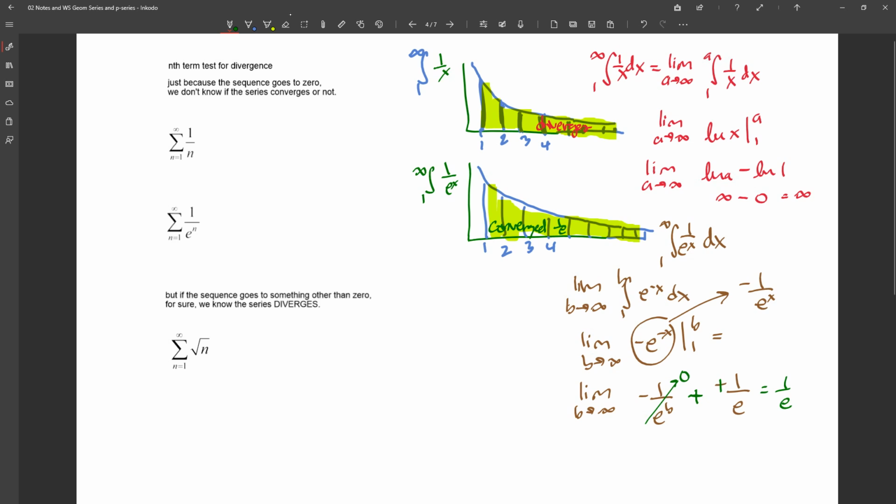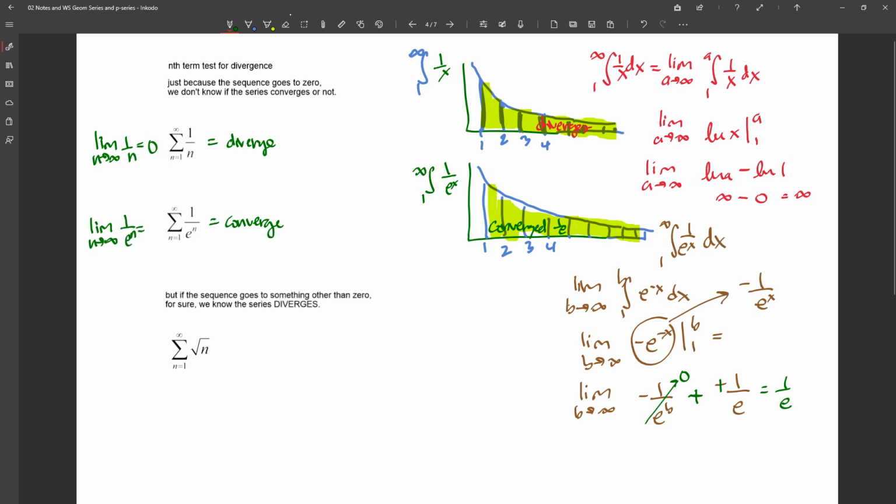What that tells us is this right here is going to diverge, but this right here is going to converge, even though if I took the limit as n goes to infinity of 1 over n, this would give me 0, right? This gets bigger and bigger. If I took the limit as n goes to infinity of 1 over e to the n, what would this give me?